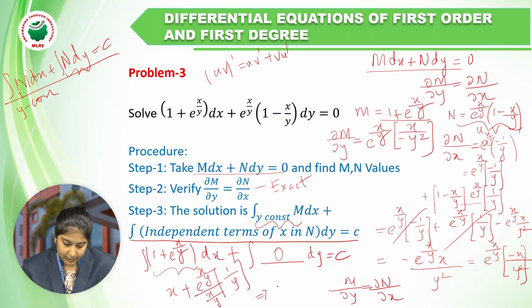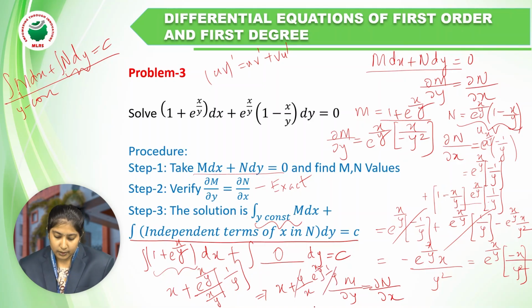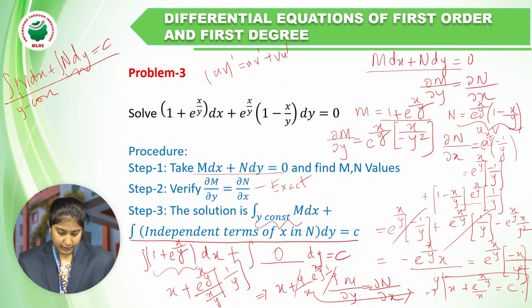So which implies x plus, if this y by x is written up, what are you getting? Yes, so this y gets cancelled. So what remains? x plus e power x by y by x is equal to c. So you are getting the final solution, right? So this will become your final solution.